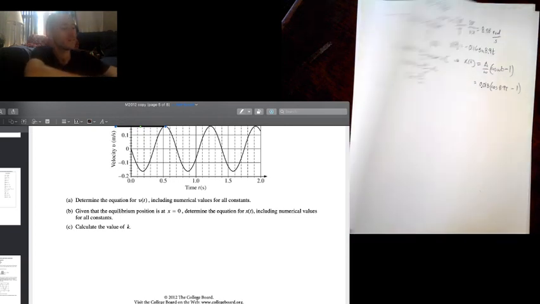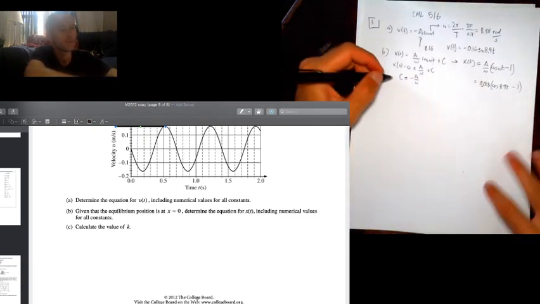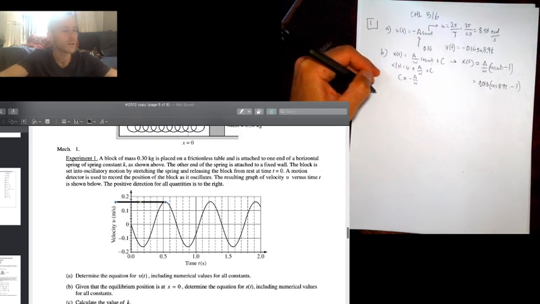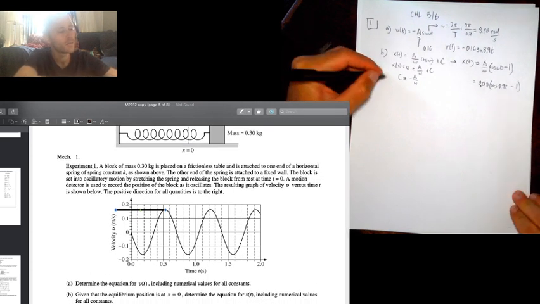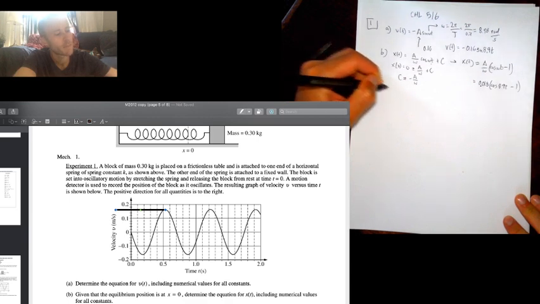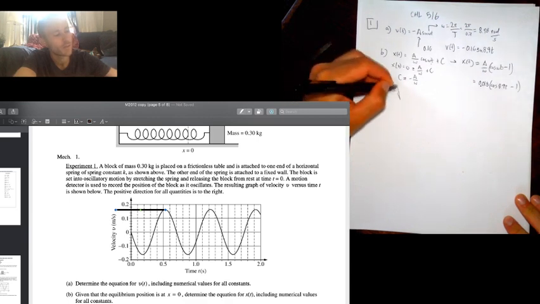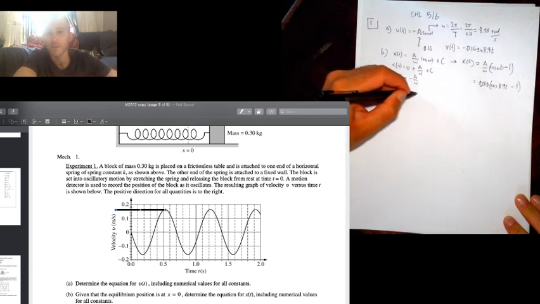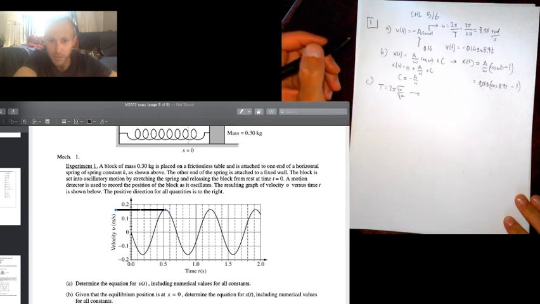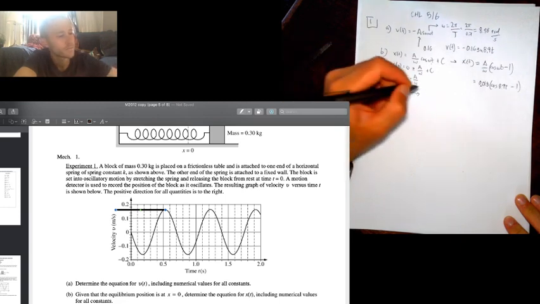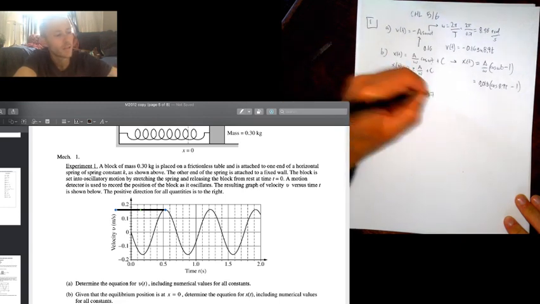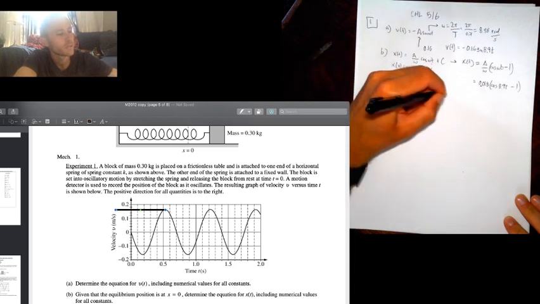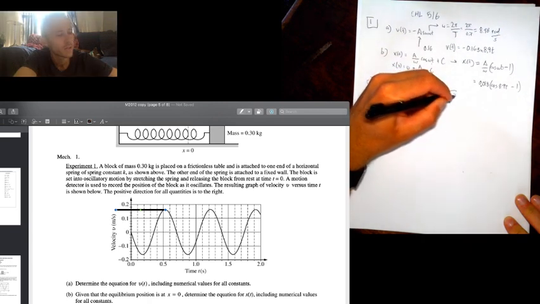So k, did it give us the mass of the block? Yeah. The period is 2 pi square root of m over k for a simple harmonic motion system. We saw that the period is 0.7, and that equals 2 pi square root of the mass, which is 0.3, over k.